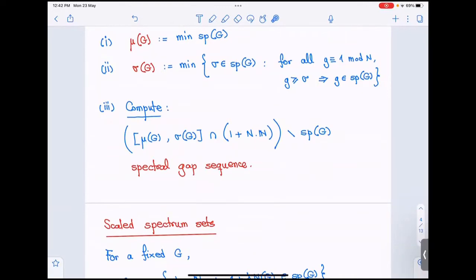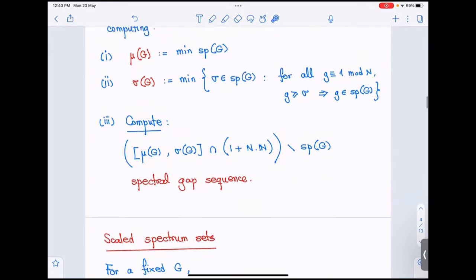You would like to find out what group-theoretic invariants or properties they share so that the spectra sets turn out to be exactly the same. This is a more challenging discovery, and I'll tell you some answers soon.